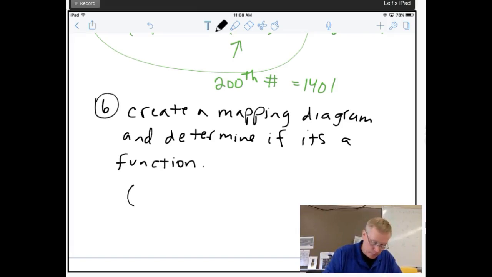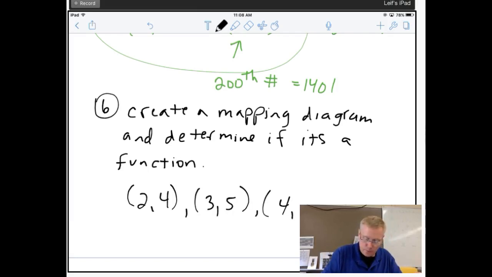And my points are 2, 4, 3, 5, 4, 6, and 3, 7.